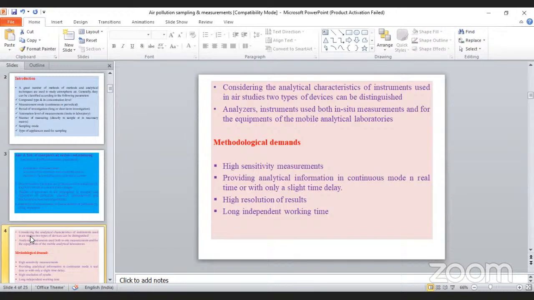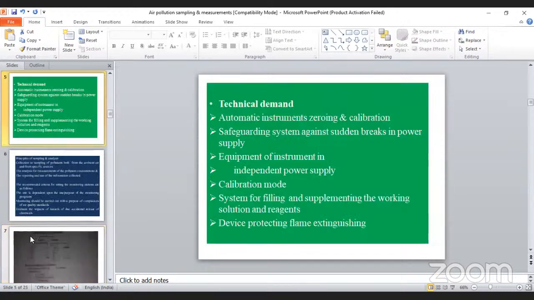It should provide high resolution of results, characterized by short response time and a long independent working time. Because if human beings have to sit there for 24 hours for the sampling to be done, it is quite difficult. So independent working time is important. That means automation of sampling.